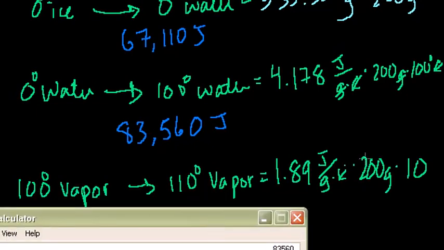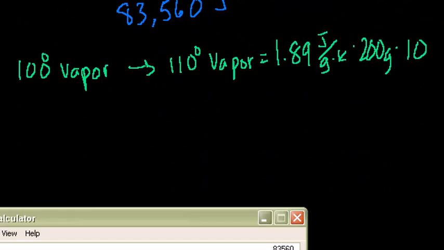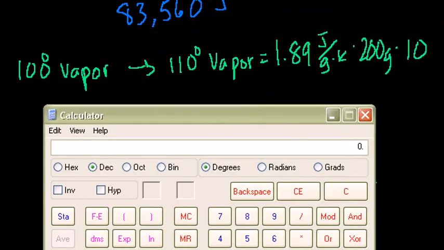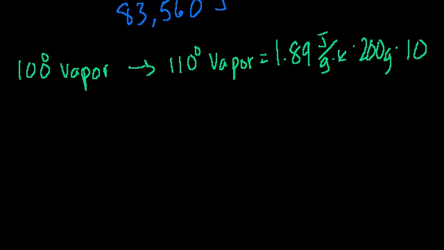So what is that? Let me get the calculator out again. So we're dealing with a 10-degree change, 10 degrees Celsius, times 200, times 1.89 is equal to 3,780. 3,780.